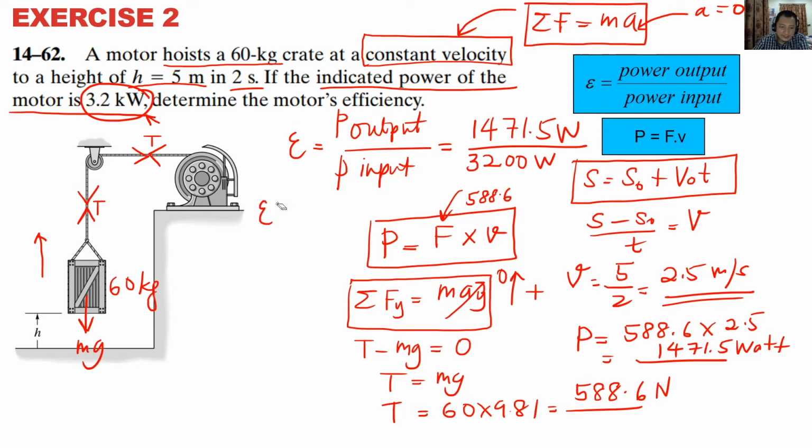So efficiency is equivalent to 1471.5 divided by 3200, 0.46. Yeah, or 46%. Efficiency is 46% for this whole system.